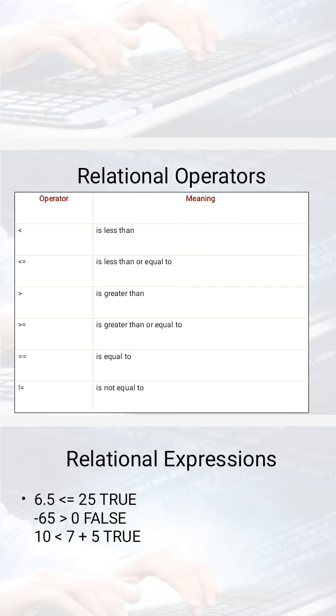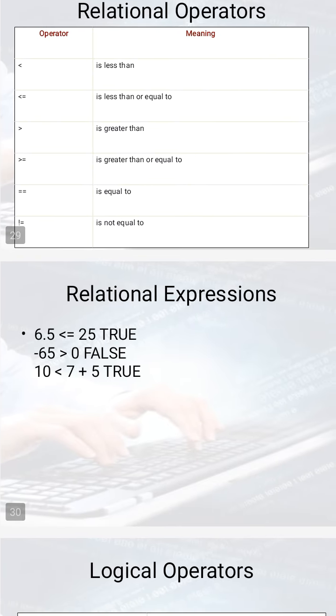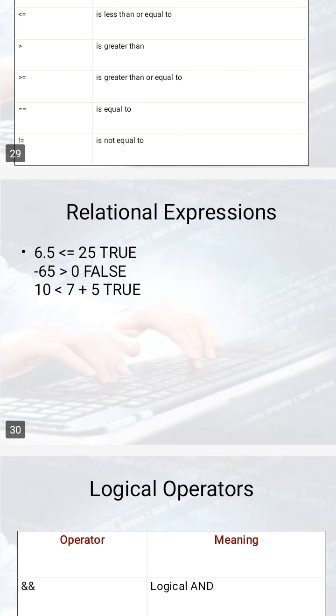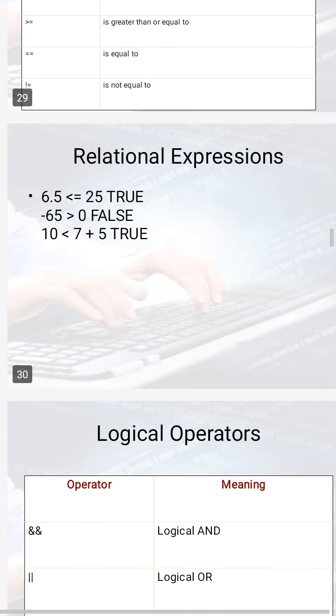So here 6.5 less than or equal to 25 is true. Minus 65 greater than 0 is false. Like this the relational operators are applied between two operands. True is represented as 1, because computer language understands only zeros and ones. True value is represented as 1 and false value is represented as 0.